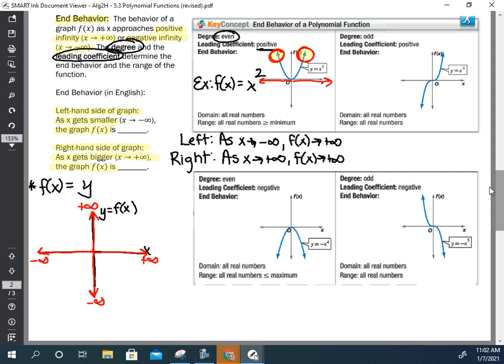Do you have to write it like that? Yes. If you just put up and down, it's going to get marked wrong. So yes, we're going to use the mathematical language.